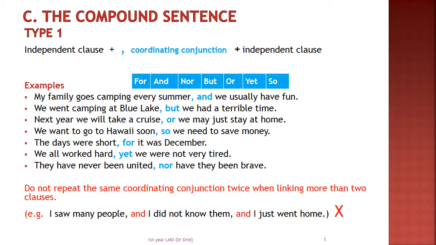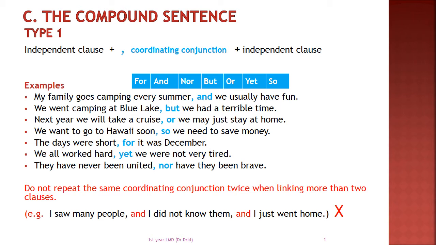Finally, they have never been united, nor have they been brave. Nor expresses addition, but in the negative form. When I say they have never been united, nor have they been brave, I mean they have never been united and they have not been brave.